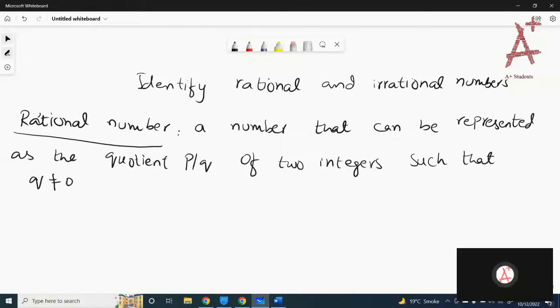Got it? So the rational numbers are the numbers that can be written in the form p by q. Got it?